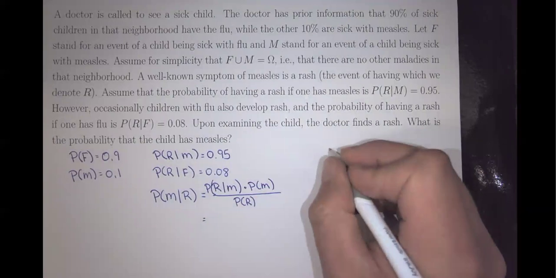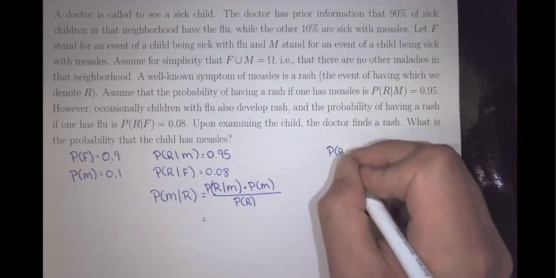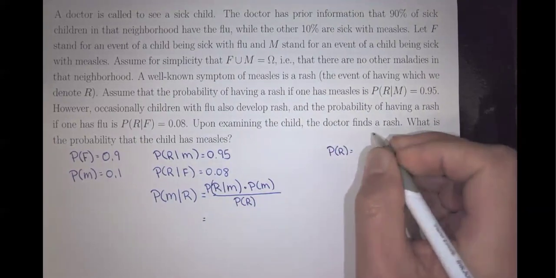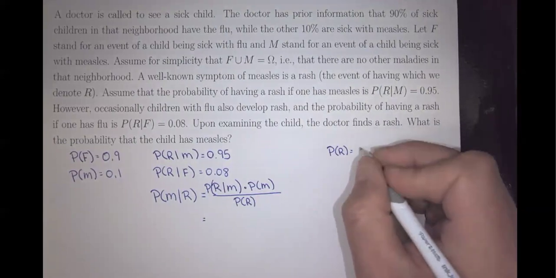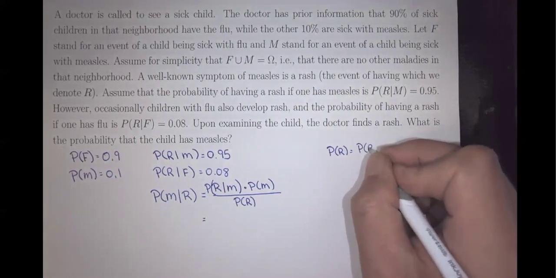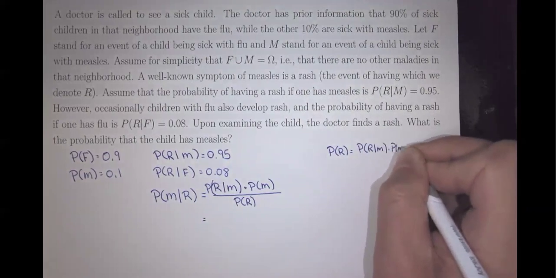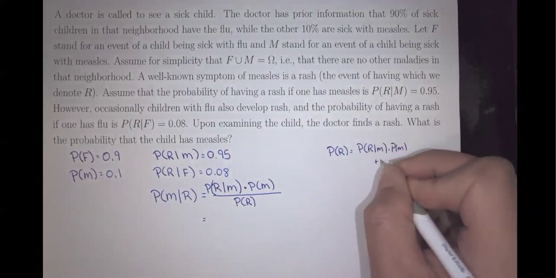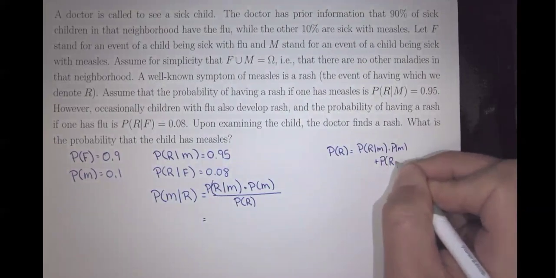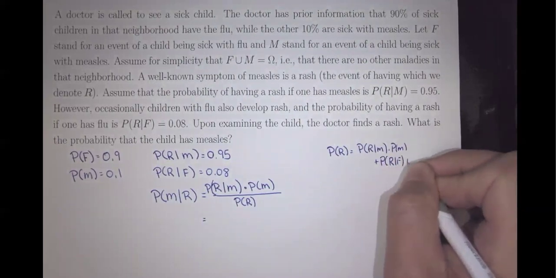The probability of rash is the probability of rash given measles times the probability of measles plus the probability of rash given flu times the probability of flu.